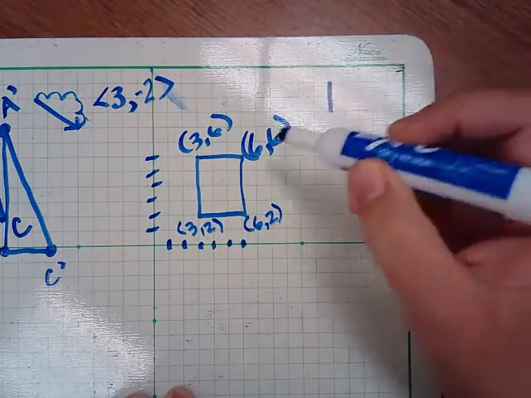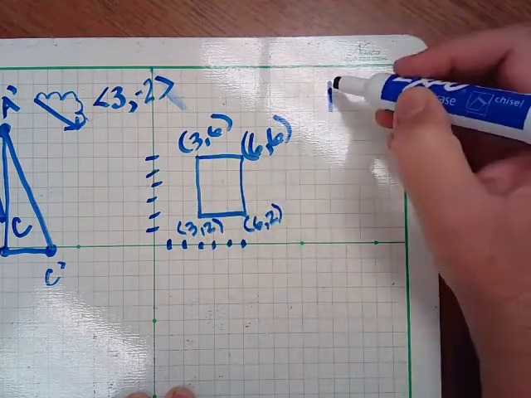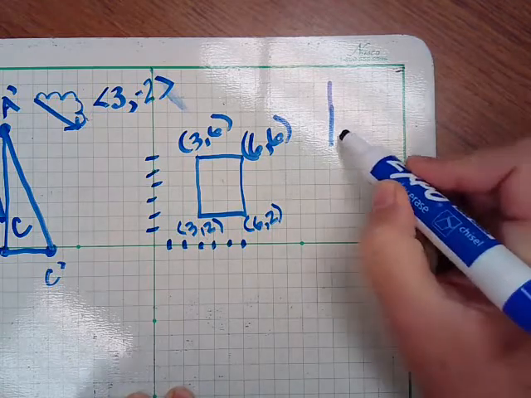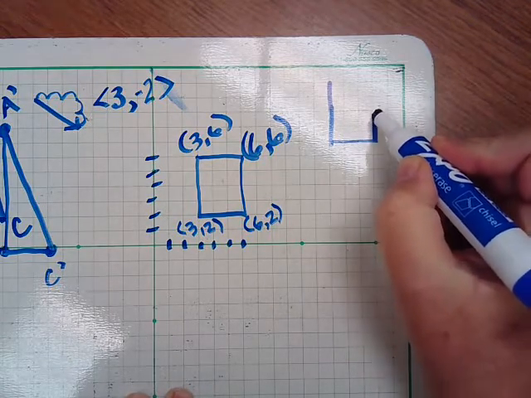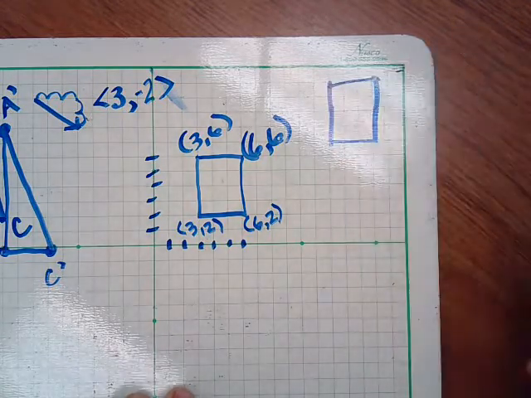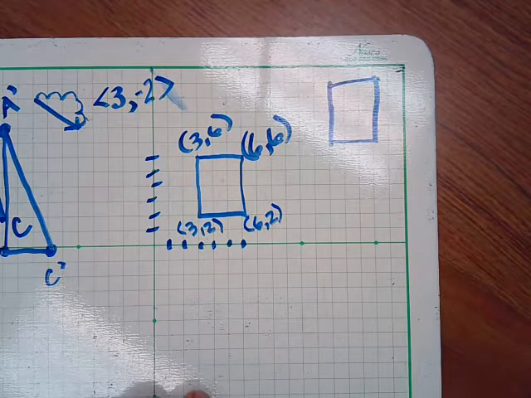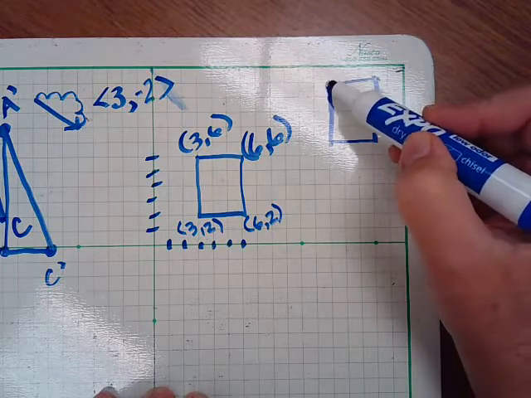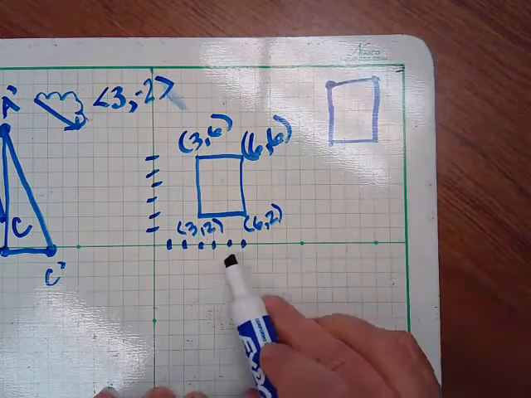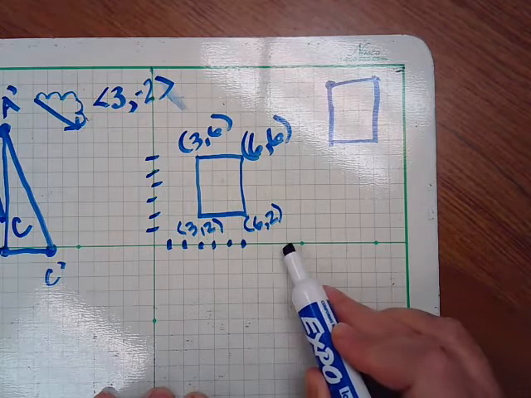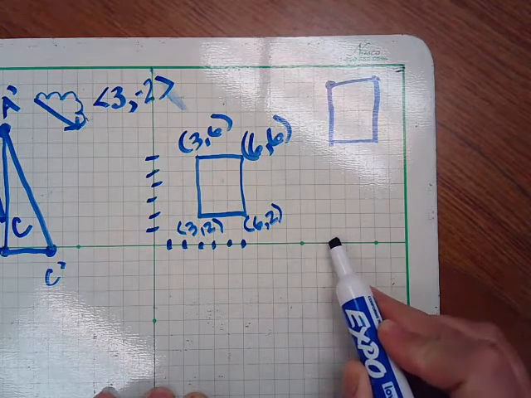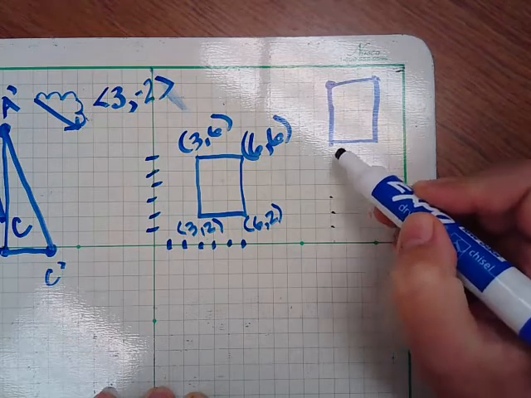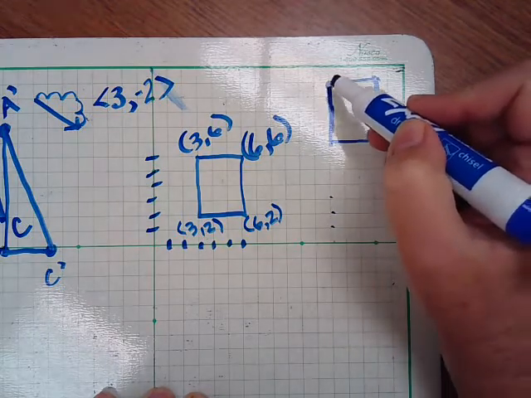And then our image is here. This is 1, 2, 3, 4 units. Okay. All right. So if I know that my image of this point is at 6, 7, 8, 9, 10, 11, 12, and then up 1, 2, 3, 4, 5, 6, 7, 8, 9, 10, 11.